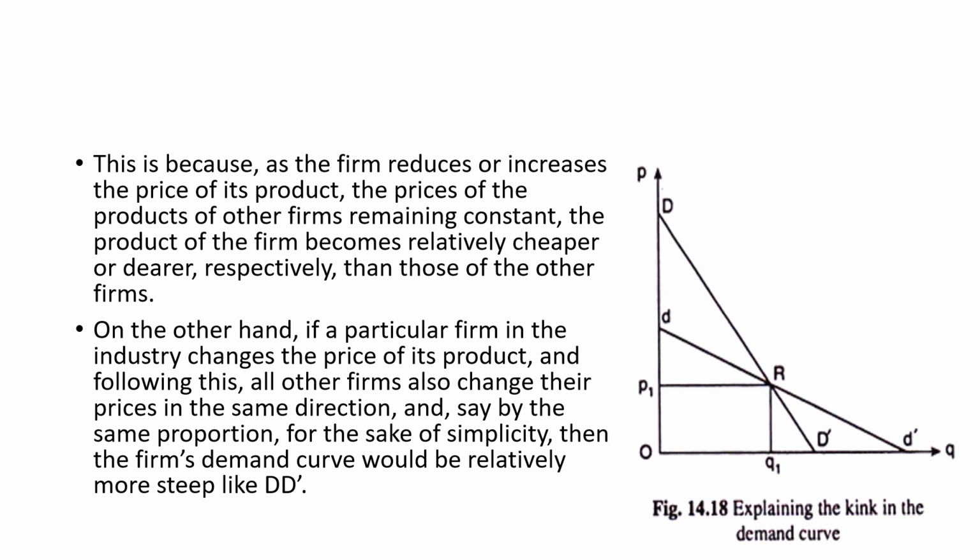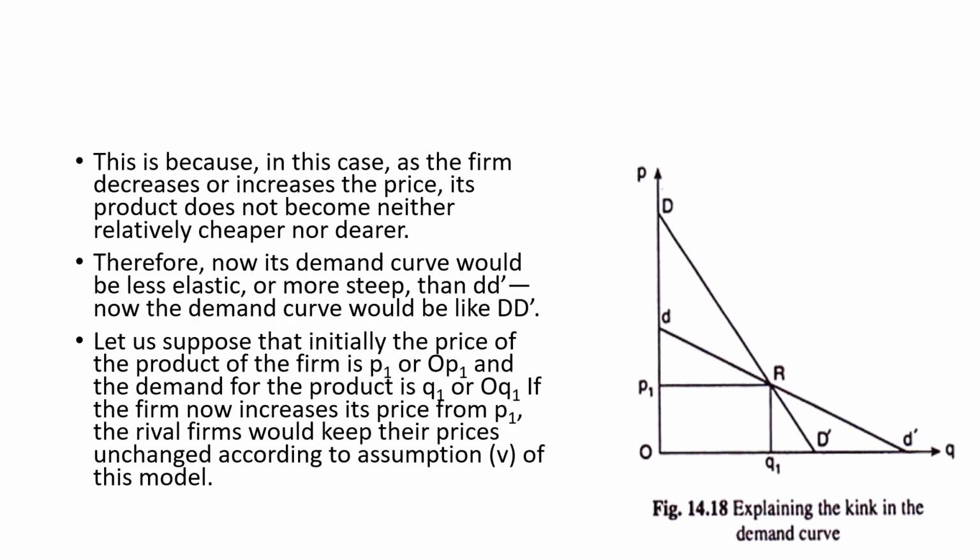Then the firm's demand curve would be relatively steeper, which is indicated by capital DD. This is because, as the firm decreases or increases the price, its product becomes neither relatively cheaper nor dearer. So the demand curve would be less elastic, or steeper, than the small letter dd, which is shown by the capital DD demand curve.